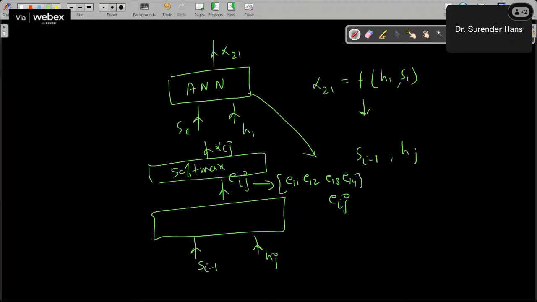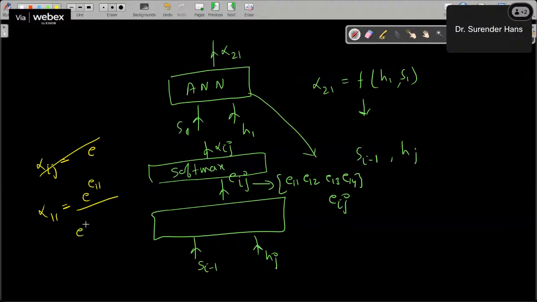Here the alpha ij, after the softmax, let's say alpha 11, is exponential of this e11.